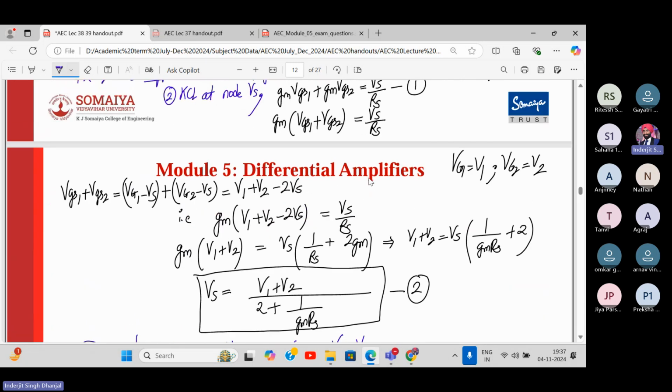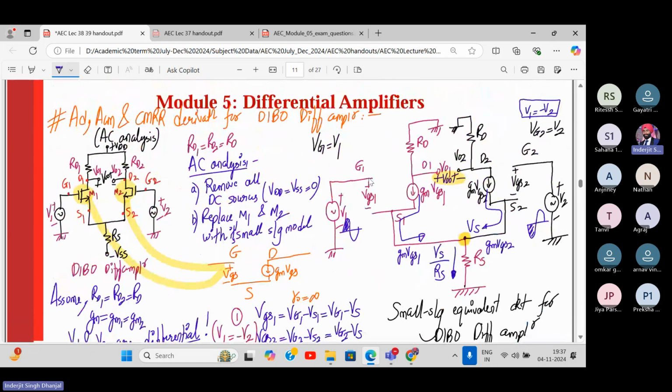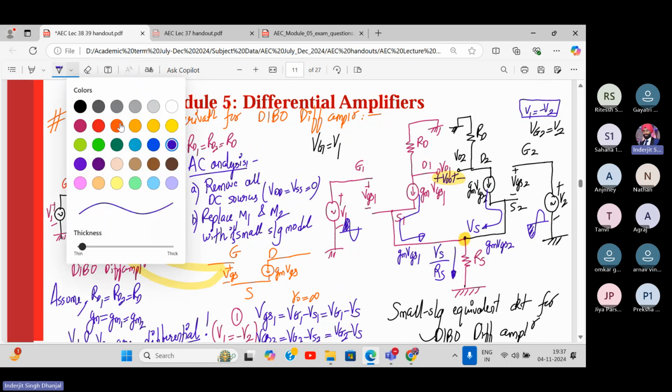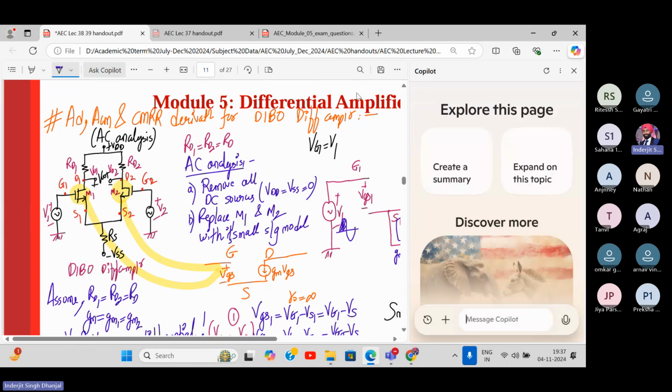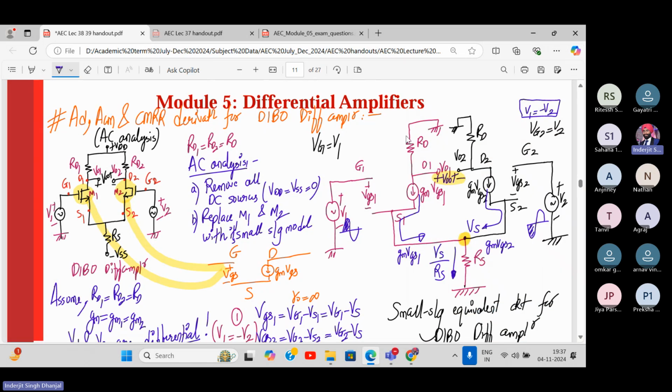Now, from this diagram, can you smartly tell me what is VO1? Do you know, over here, the same current flows through this resistor also, right? And how much is this current? This is a current source, right? Current is Gm into VGS1. So how much is VO1? Voltage VO1 is this current into this resistance.